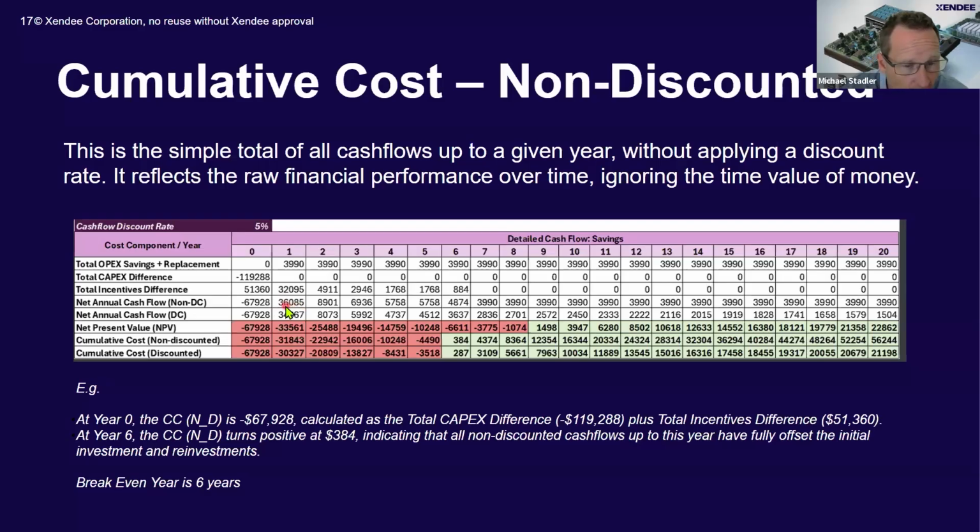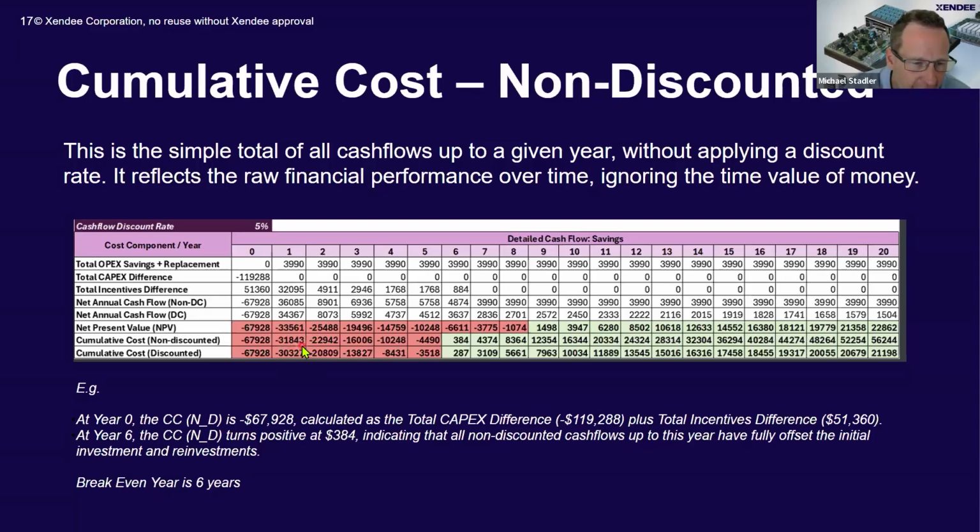Now we can, of course, discount this, but in this calculation for the cumulative cost, we're ignoring this, because in the cumulative cost non-discounted, we just add up the negative 67,928 with the 36,085, and this gives us the negative 31,843 non-discounted, right?